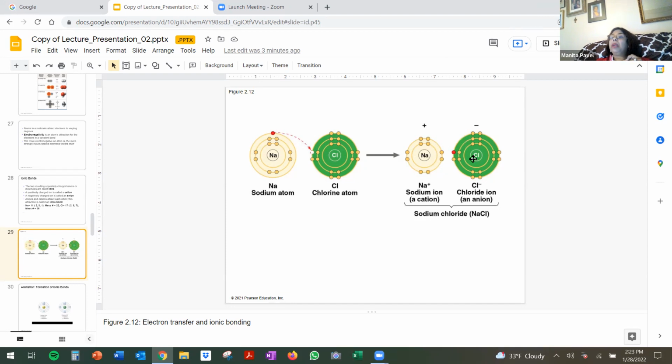When that atom has gained an electron, it becomes negatively charged. So it's no more an atom.